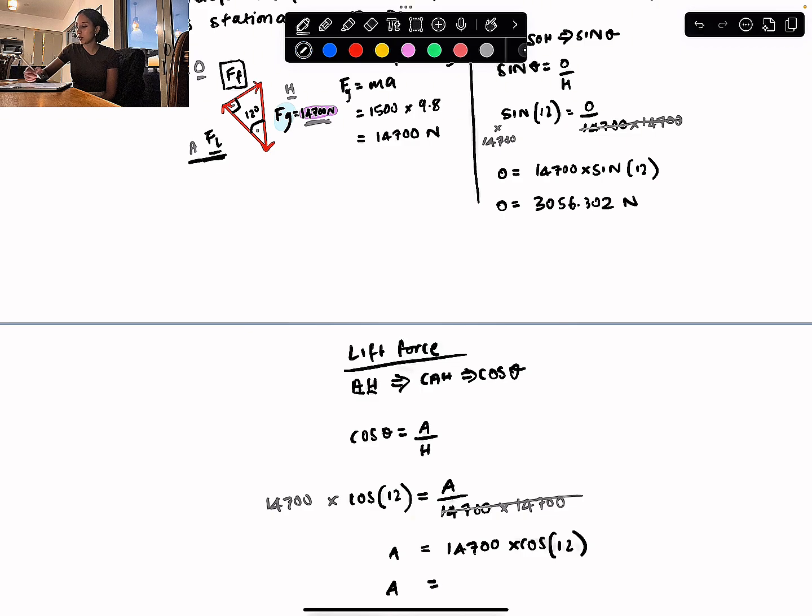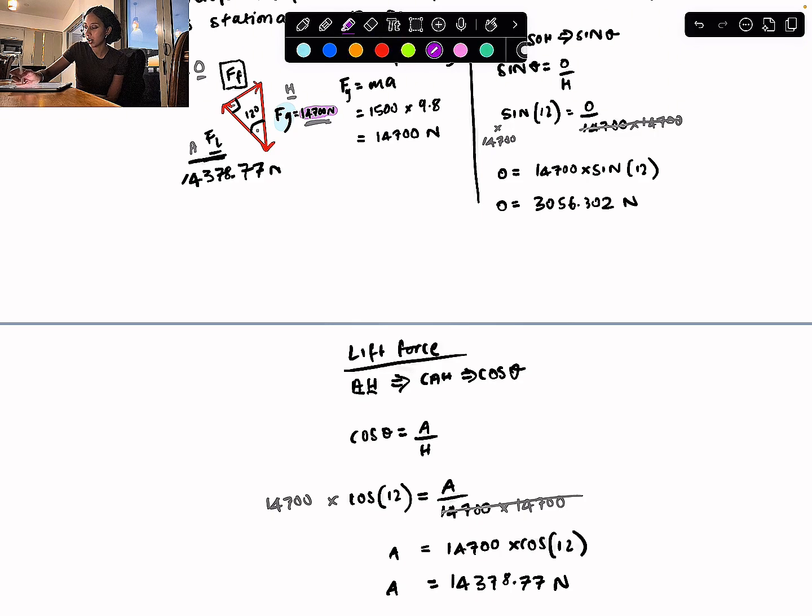Plugging that into my calculator, I got 14378.77 newtons. Okie dokie. So I know that this side here is equal to 14378.77 newtons. And I'll highlight that.